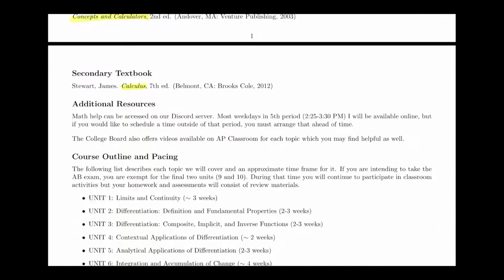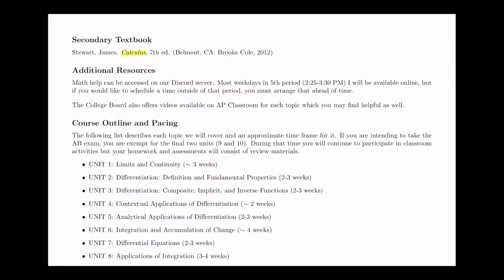As for additional resources, I think I've mentioned a few times that you can always get help from me in period 5. If you would like to use Discord, that tends to work best for me, but if there's another platform that you prefer to use, I can work around that. The College Board also offers videos on AP Classroom.